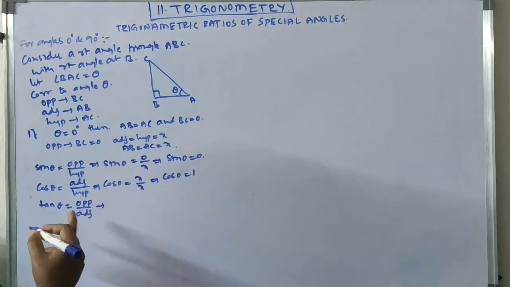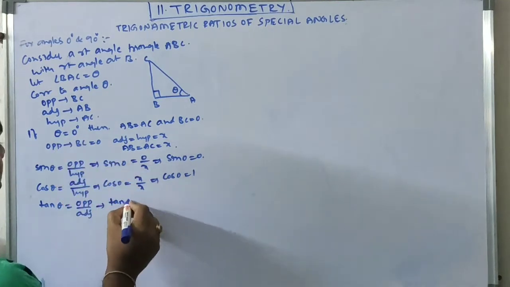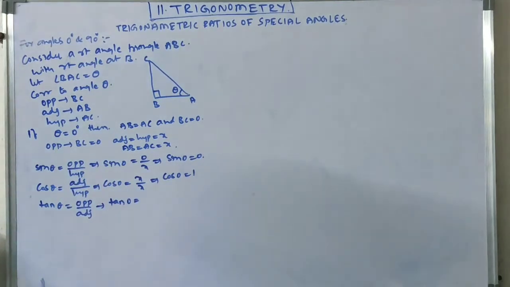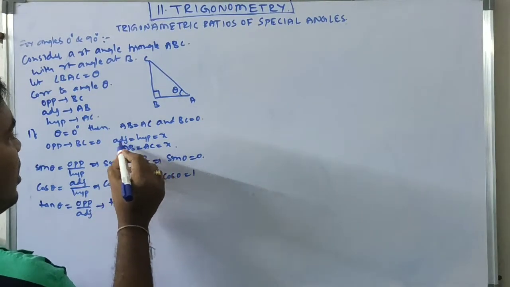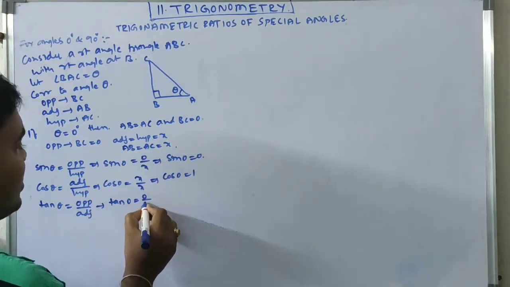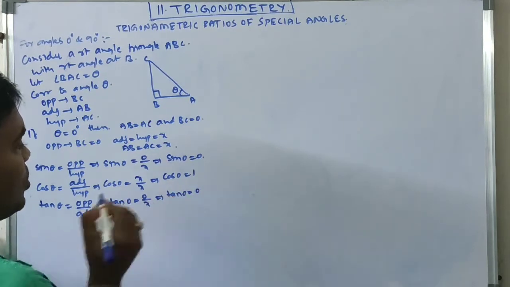If tan theta is equal to opposite by adjacent, so for 0 degrees the opposite is equal to 0 and the adjacent is x. So tan 0 is equal to 0 by x, which is equal to 0.